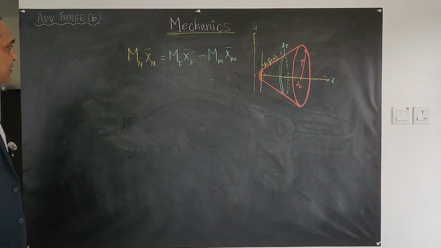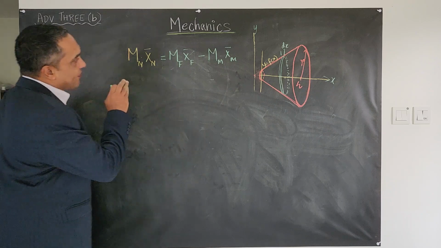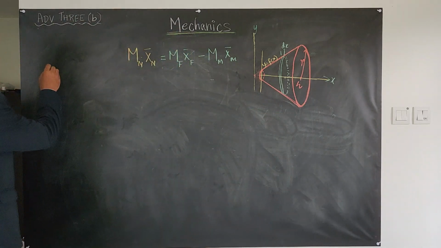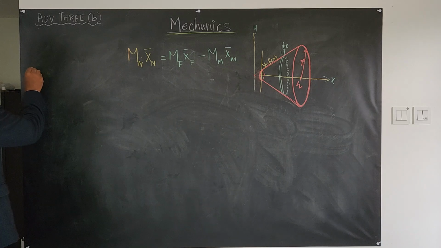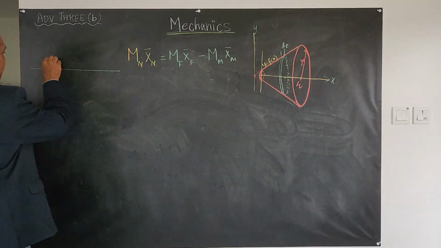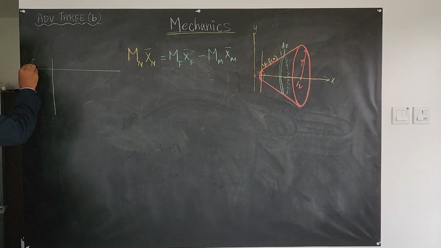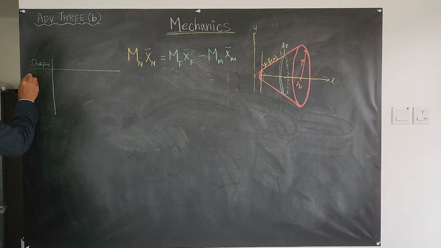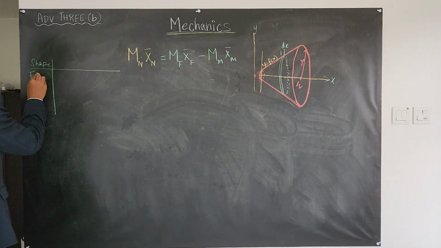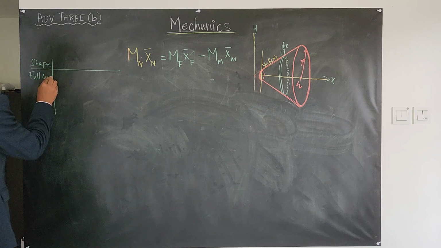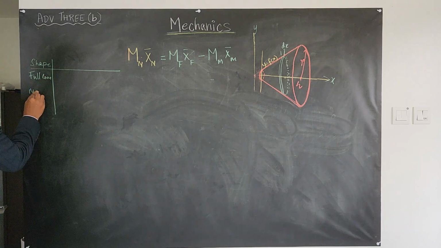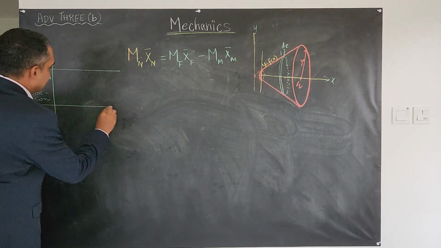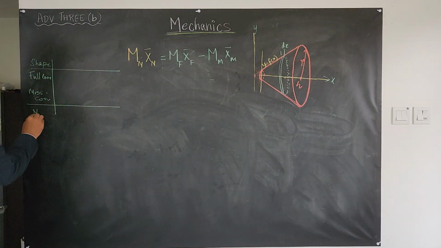And typically what happens is, because a lot of these are geometrically similar, you can create a small table where you work, say shape: full cone, missing cone, and then net.